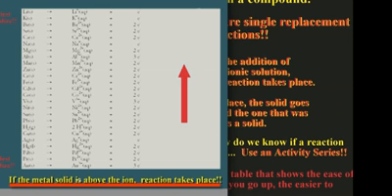But if the ion is up here and the metal's down here, it's too hard to get those electrons off that solid to give to the solution. So no reaction takes place. That's the key part of all this, all right? So without knowing the trend here and how to interpret that trend, you won't know if there's a reaction or not. So make sure you understand that. That's very key.